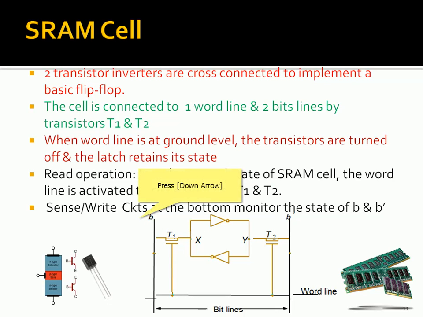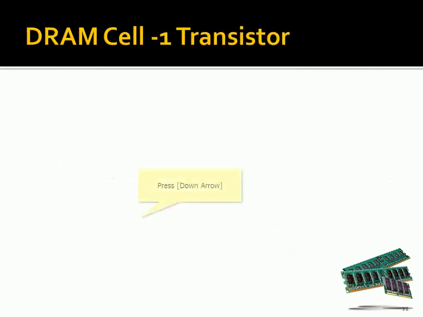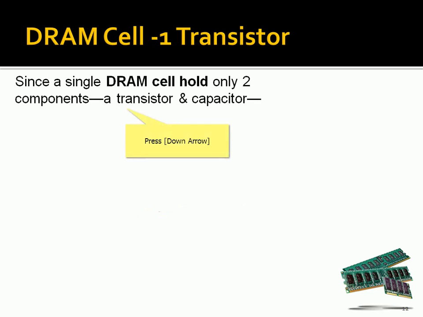So the sense/write circuit at the bottom monitors the state of B and B dash. B and B dash are the bit lines, connected column-wise, while the word line is connected in row fashion.